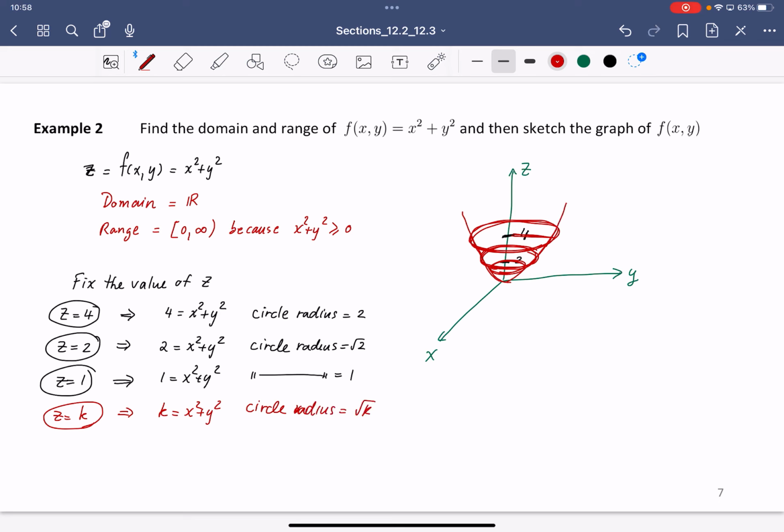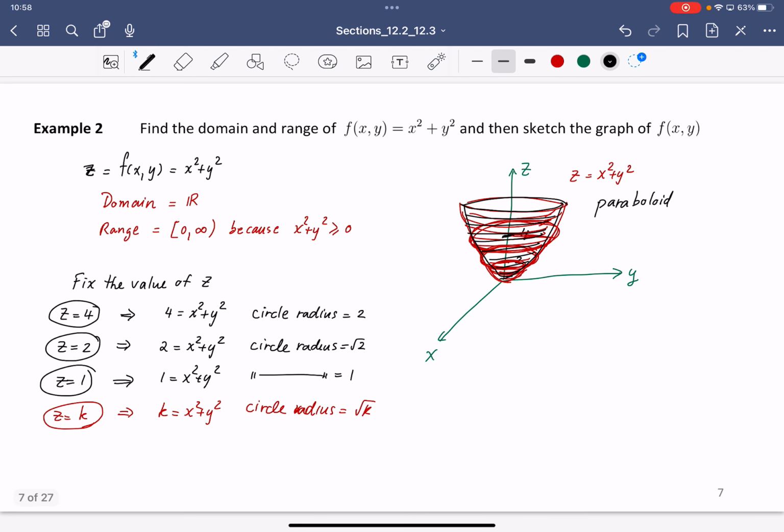So you keep getting the same thing, and if you keep doing it for all values of z here, you're going to get something like a cup here. So this is the graph of z equal to x squared plus y squared. Technically we call this thing a paraboloid. It's in 3 dimensions, so we call the picture like a cup here a paraboloid.